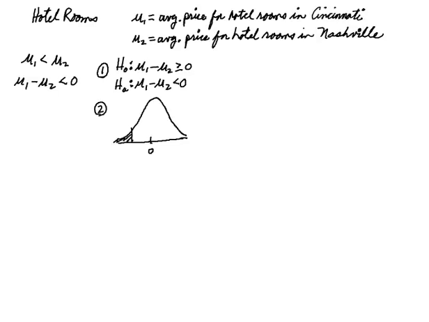So with alpha equal to 0.05, I can get a critical value since I'm also using a standard normal here, because if you remember, the population standard deviations are known. I get a critical value of negative 1.645.